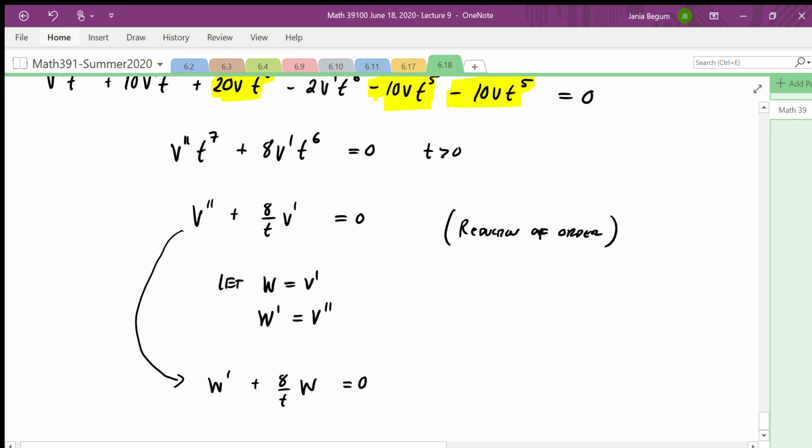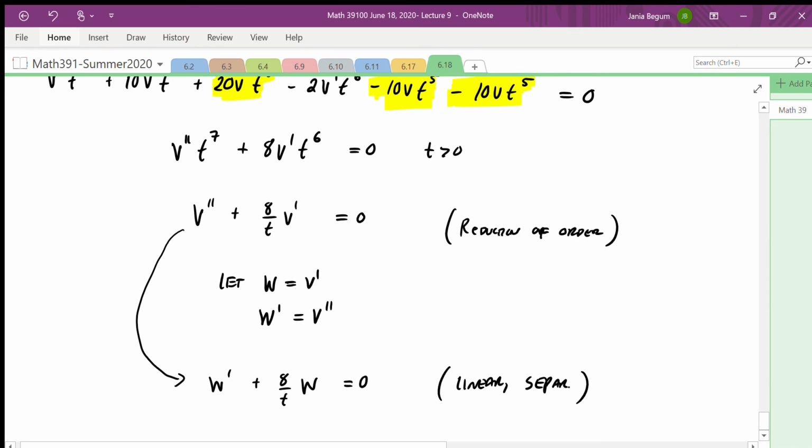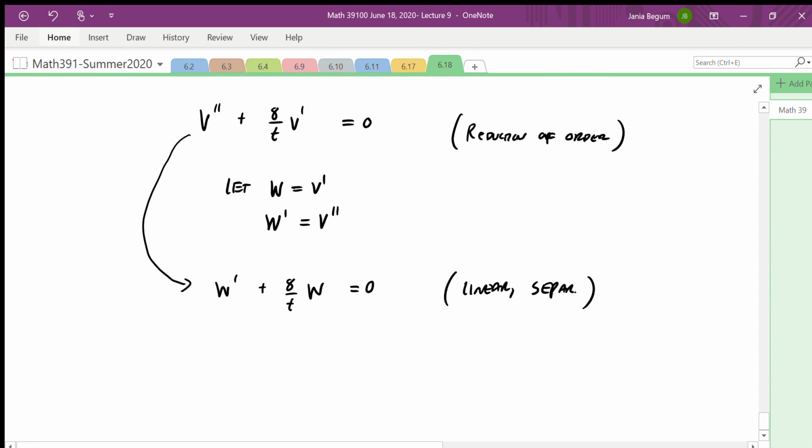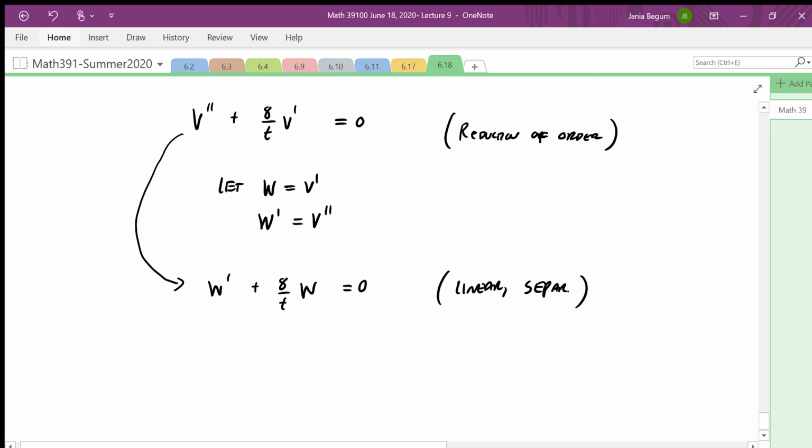And now, how do you solve this equation? It can either be linear or separable, so you can use integrating factor or separation of variables. I'm going to go ahead and use integrating factor.